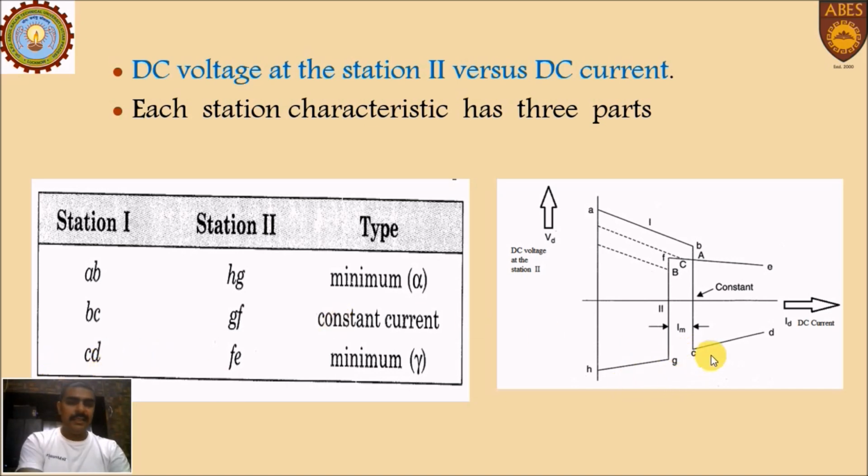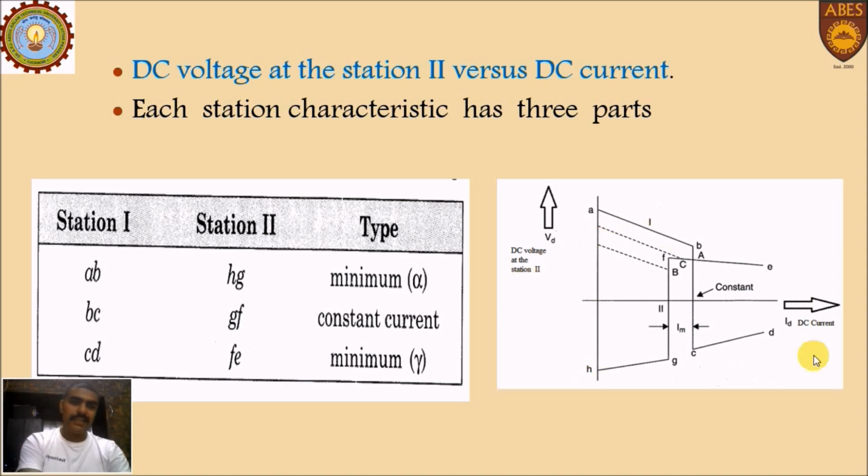Then next is CD. This CD is the minimum gamma, minimum extinction angle. Then similarly for station 2, there are three parts: HG, this is the minimum alpha mode; then GF, this is the constant current mode; and then FE, this is the minimum extinction angle mode.